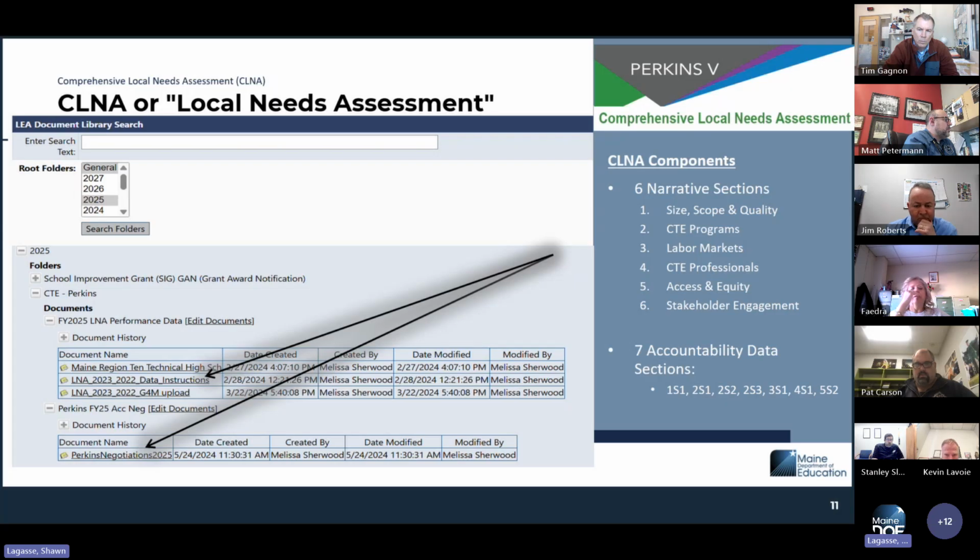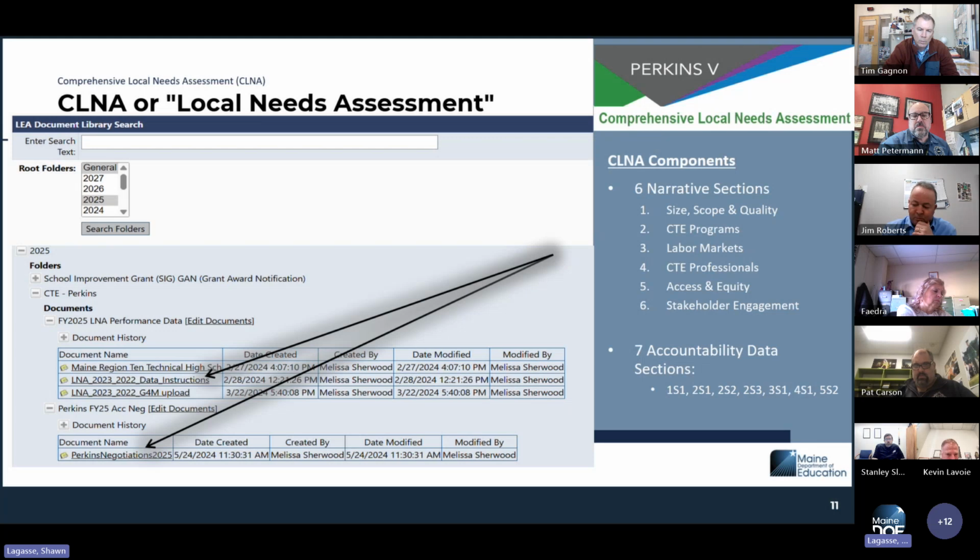We did it in 24, but it was actually for 25, just like we're doing it now in 26, but it's actually for 27. So when you look at your documents library for that year, you should see your needs assessment, and at the bottom of the needs assessment, you should see your negotiated values.